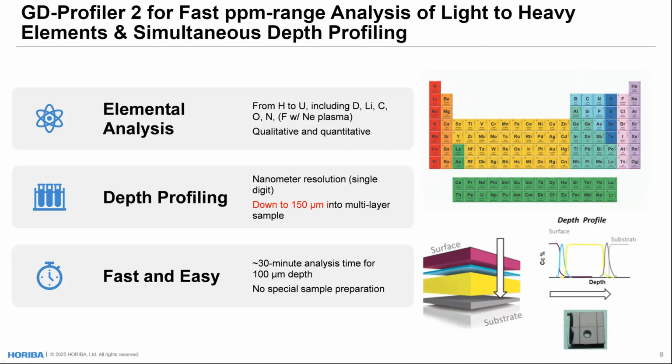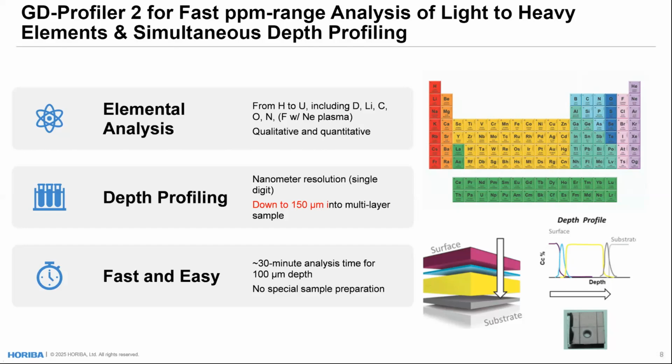It includes all light metals like lithium, light elements like carbon, nitrogen, oxygen, hydrogen, even the isotopes like deuterium and fluorine. So with this wide range of detection, GD-OES is a very powerful tool for analytical technique.